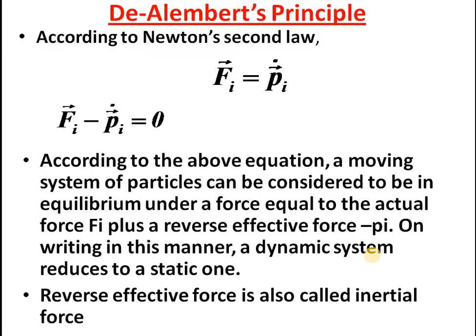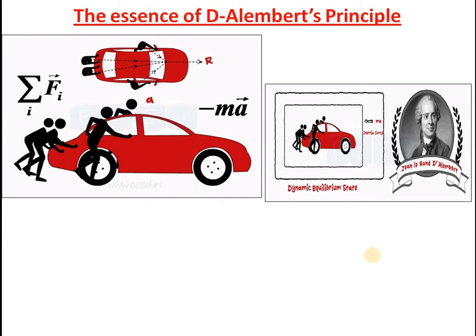The reverse effective force is also called inertial force, because it is something like a pseudo force acting on a body placed in an accelerating frame of reference. Here is an elaboration. You have a car moving, and a number of people are acting upon it.